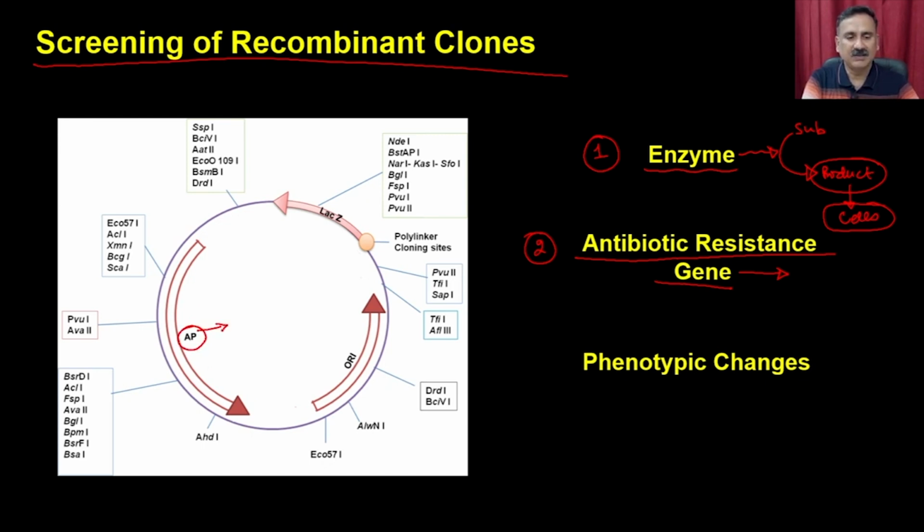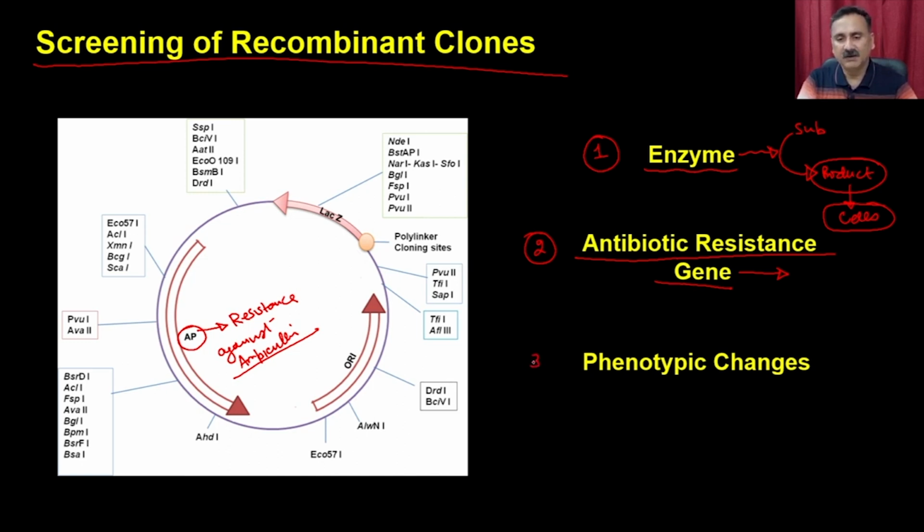This ampicillin resistance gene is going to provide resistance against ampicillin. The plain host will not survive, because it will not have the ampicillin resistance, and that is the criterion for how you can use the antibiotic resistance genes.